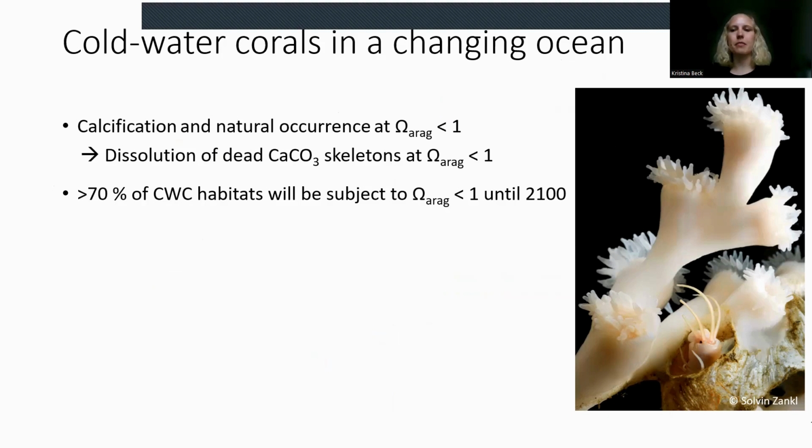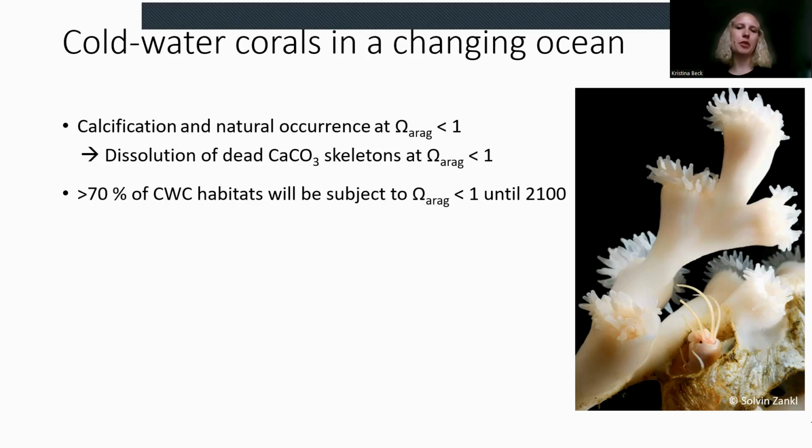The corals build their calcium carbonate skeleton out of aragonite, and once the aragonite saturation is below 1, this skeleton will start to dissolve. Nowadays most corals are located at aragonite saturation over 1. Until the end of the century, it's projected that about 70% of cold water coral habitats will be subject to aragonite undersaturation.